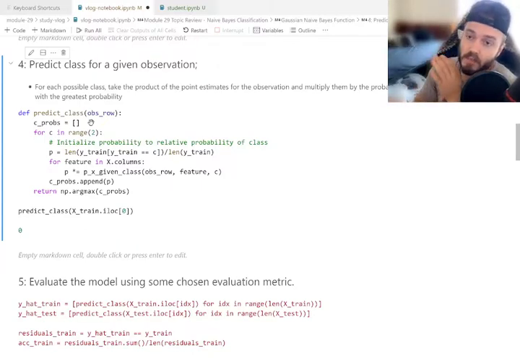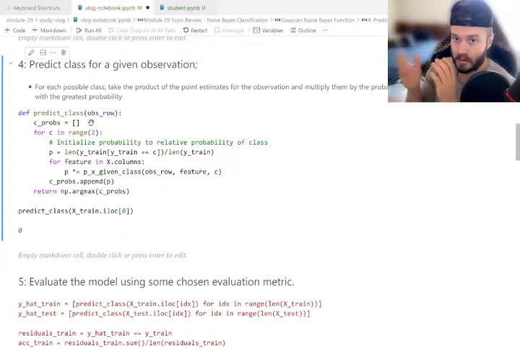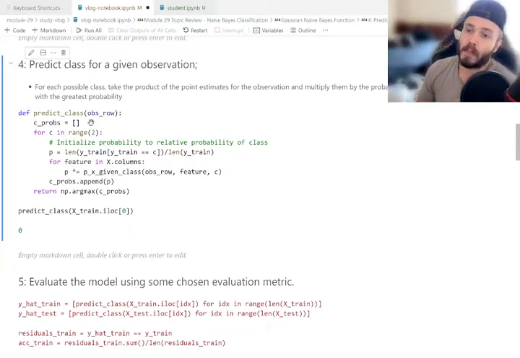And so cprobs altogether, if you were to call sum on it, should equal 1, right? Because if you're dealing with binomial classes, if the probability of one class is 0.75, the probability of the other class has to be 0.25.